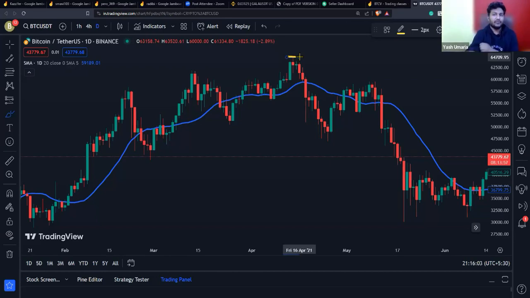Now as a trader, what do we have to do? What's our job? As a trader, we have to bet on where the market is moving. So if I'm buying something, that means my analysis says the market is going to move up. Or if I am selling, that means my analysis says the market is going to move down. Correct?